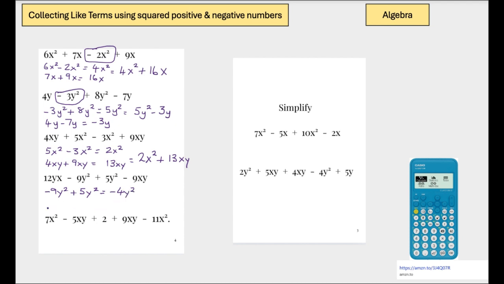Then we have 12yx minus 9xy. And it doesn't matter which way these are, it's still an x and a y. It's just written differently. Which gives us 3xy.